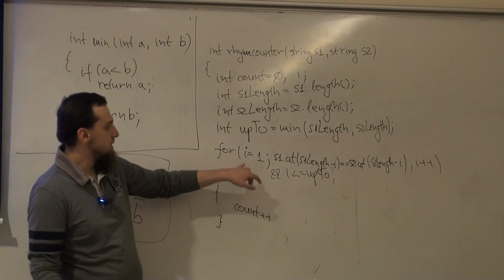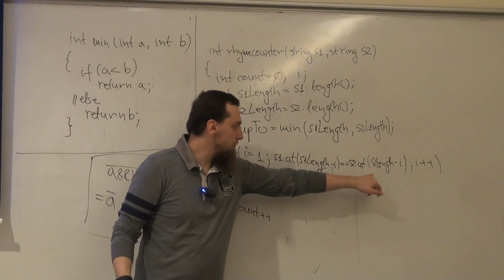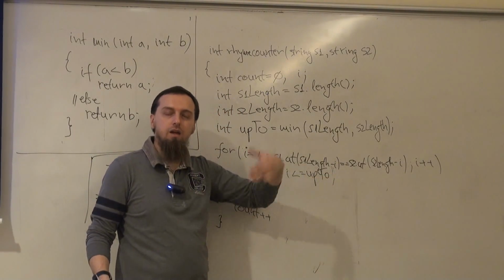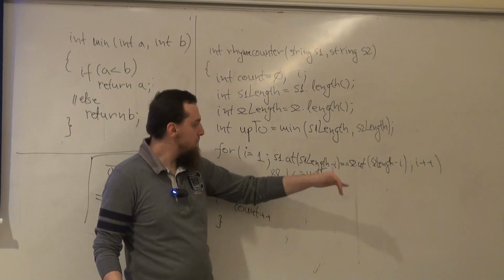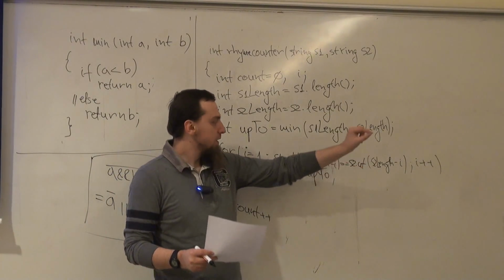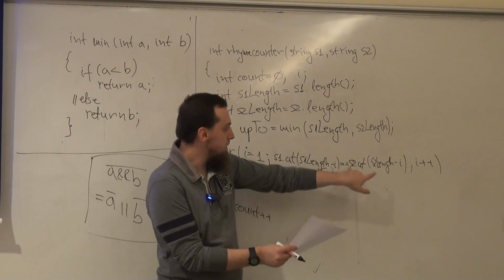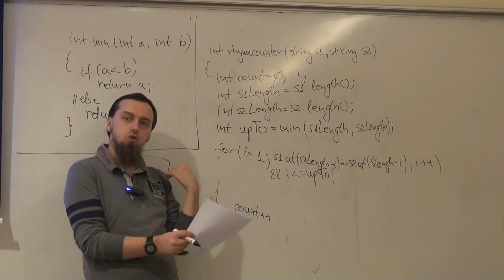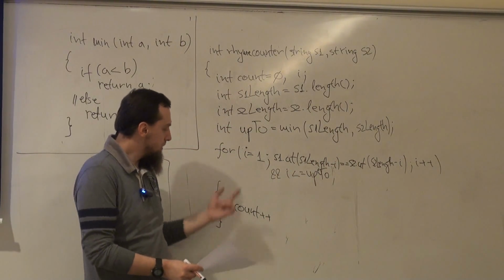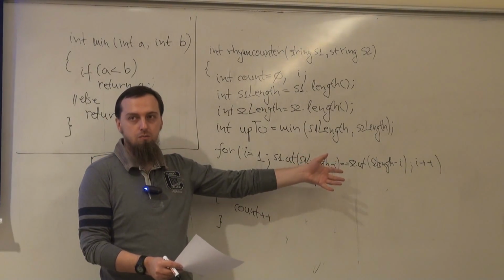But this makes sense. I mean, we start from the end of both of the strings, and I keep counting up until, I mean, if the characters at the end match, and we have not gone to the minimum, then increment the counter. Okay?